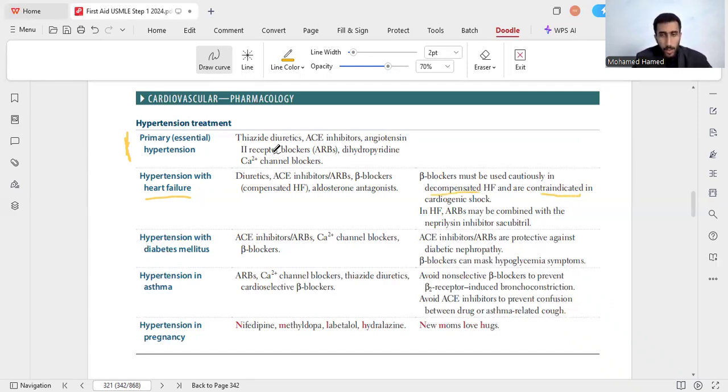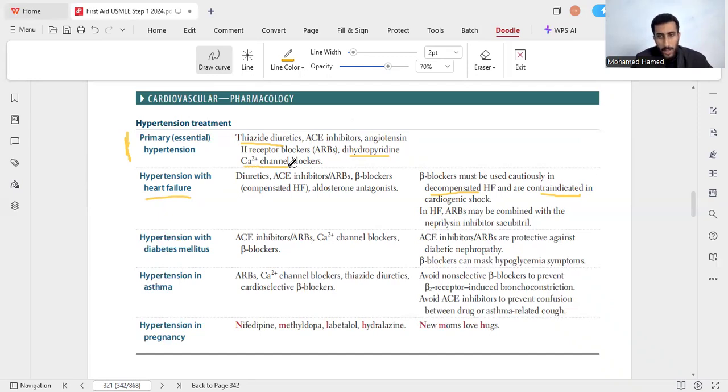But let's start first. Which are the first line for hypertension in general? You will have thiazide diuretics and ACE inhibitors and ARBs, used interchangeably. ACE inhibitors and ARBs. And thiazide diuretics, and the fourth is dihydropyridine calcium channel blocker. You have dihydropyridine calcium channel blockers, non-dihydropyridine calcium channel blockers.